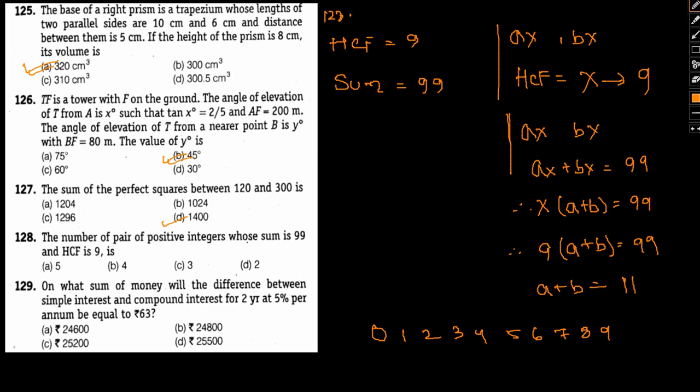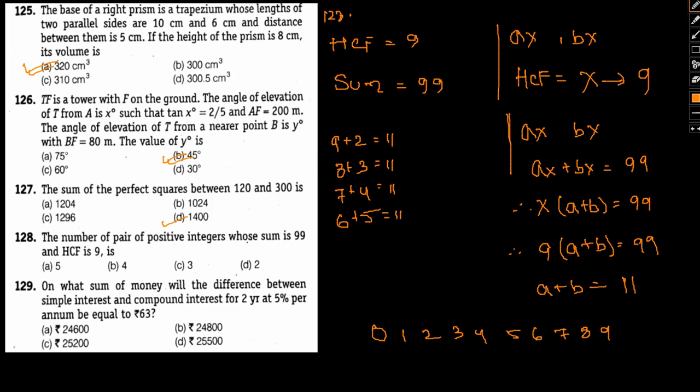Now A plus B should be 11. What are the cases that we can have? We can have 9 and 2, 8 and 3, 7 and 4, and 6 and 5. All these sums give us 11, so we have these 4 cases.